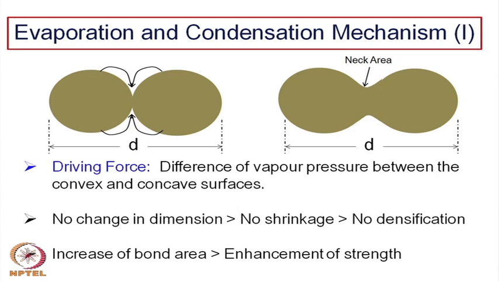So, from the convex surface the material will get evaporated, and at the concave area the material will condense, and because of this condensation the concave area will slowly grow, and that is what happens. More and more material has deposited and this area has increased.